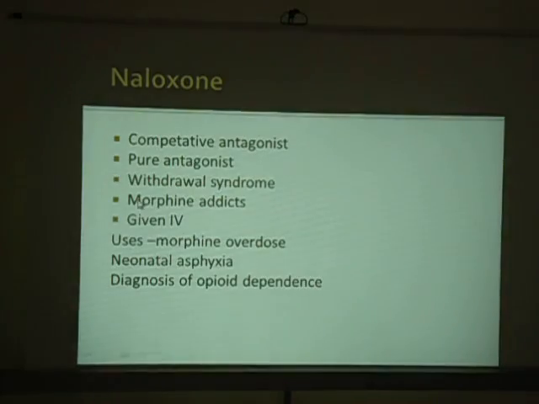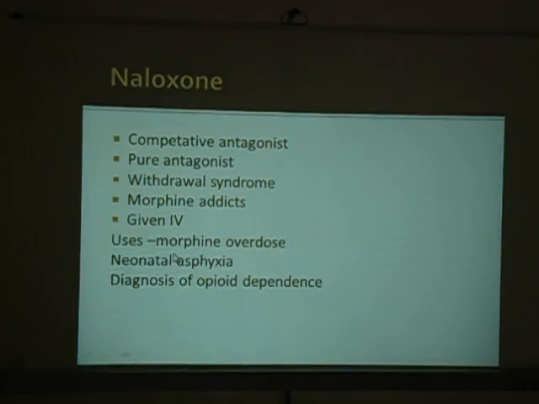It is given IV because it is poorly orally available, and is used in morphine overdose and neonatal asphyxia. How can neonatal asphyxia take place? Because you might have used some opioid agents for painless labor, maybe Pentazocine or another drug, Methadone. You might have used some drug that can lead to neonatal asphyxia in some cases. That's why these drugs are rarely tried. And it is also used for diagnosis of opioid dependence.